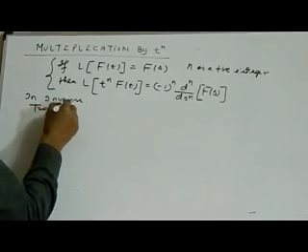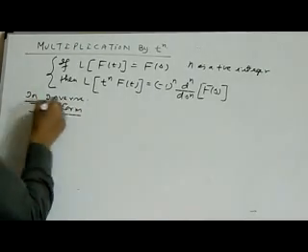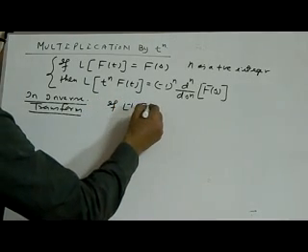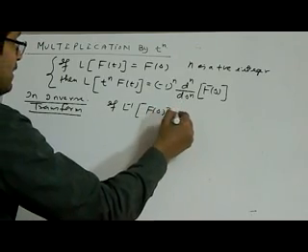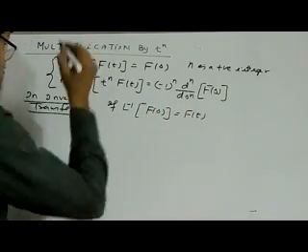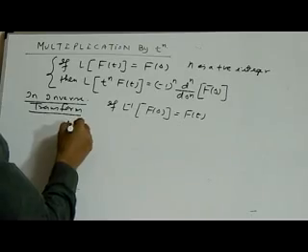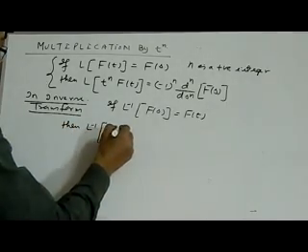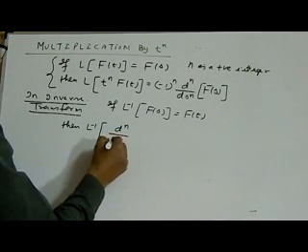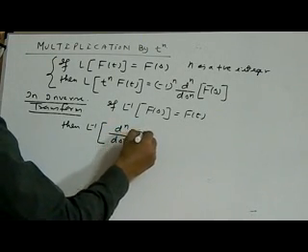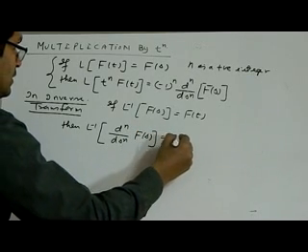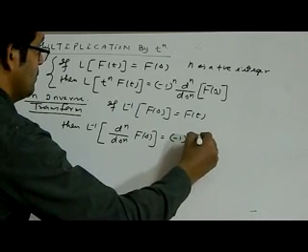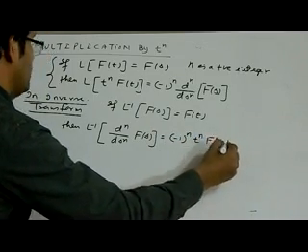If L inverse of f of s is f of t, we know the inverse transform of the function, and the question is then the inverse transformation of the nth derivative of the function f of s, which will be simply minus 1 to the power n into t to the power n into f of t.